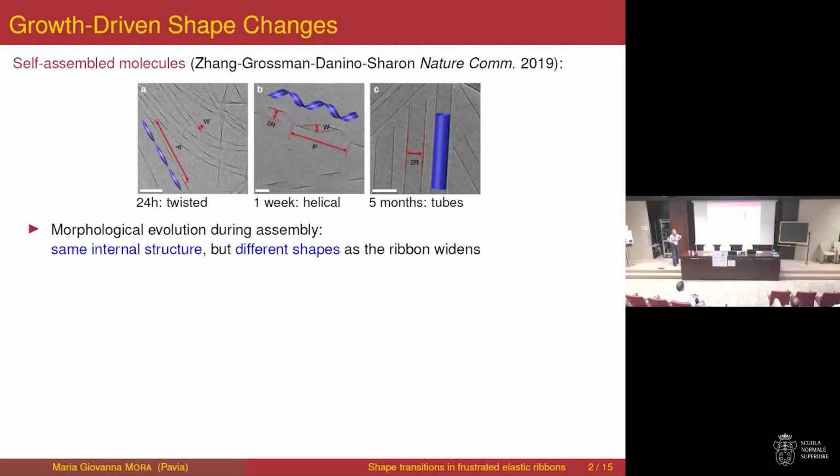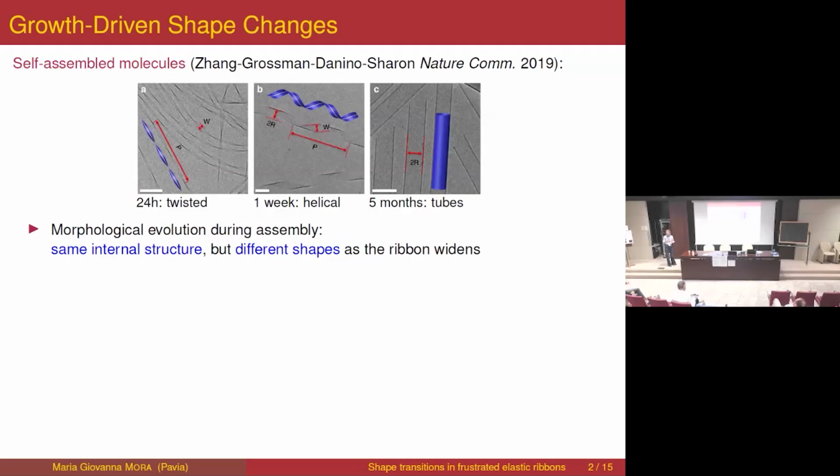Okay, so as a motivation for this work, I would like to start from this picture taken from a paper by Eran and collaborators. In this picture, you can see some macromolecules that live in a solution. As time evolves, these molecules aggregate and they become bigger.